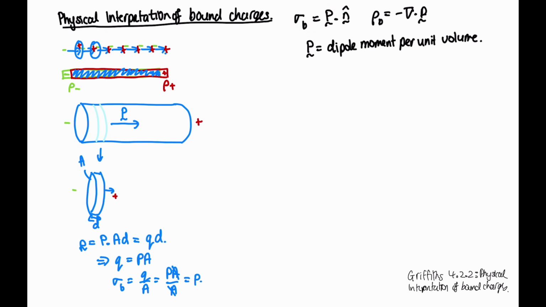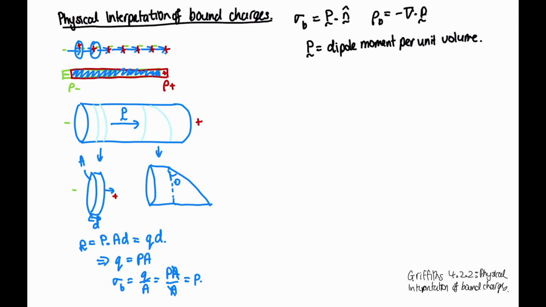But let's now imagine that we take a not quite so neat cut. Let's take an oblique cut this way. So in this case, we've got a piece which looks more like this.